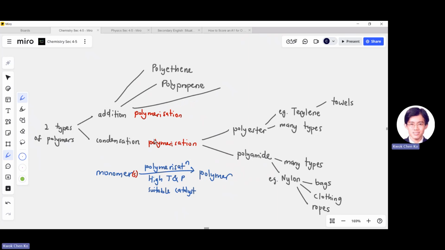And I believe I gave you a few others, but I don't want to write down all the names here. And of course, others. I believe I gave you 3 more at least. But as I said, the most popular are still these two, polyethylene and polypropylene, based on your syllabus.